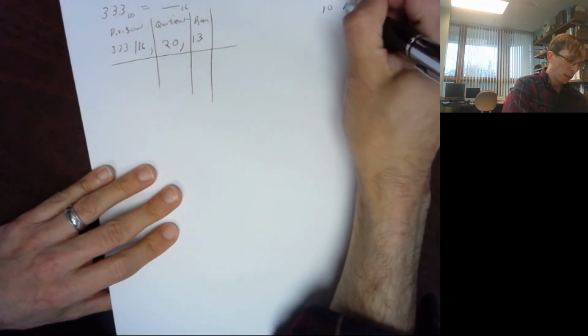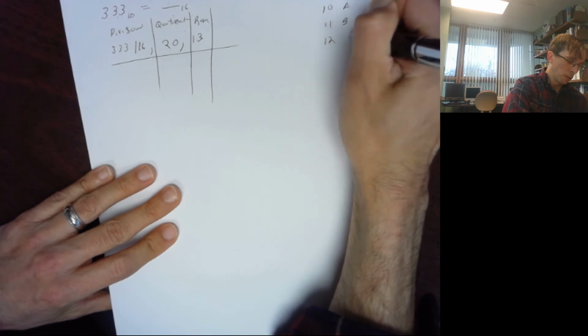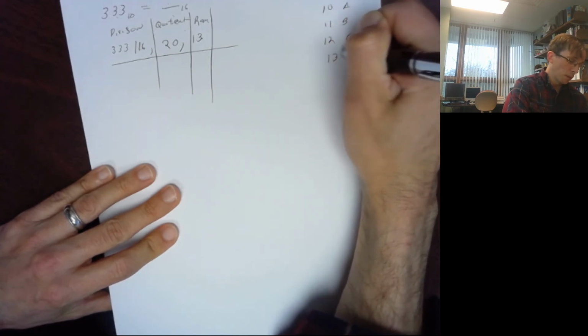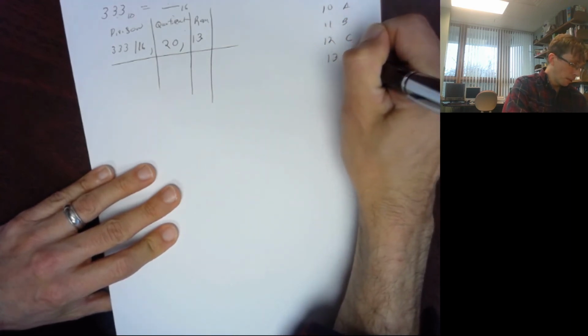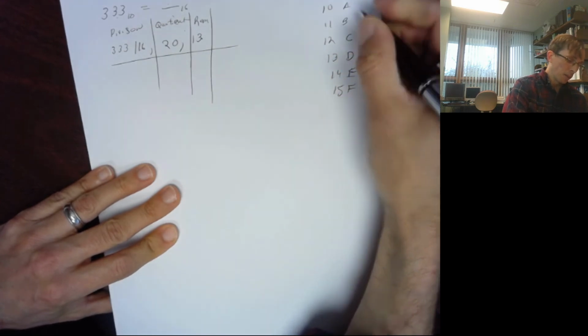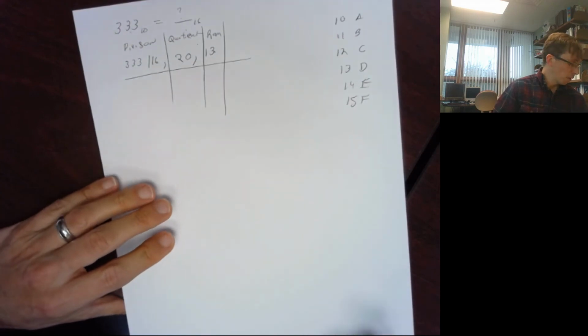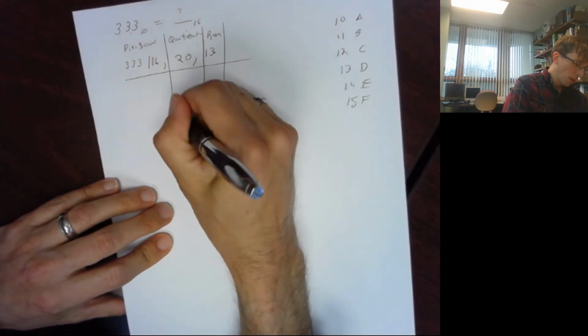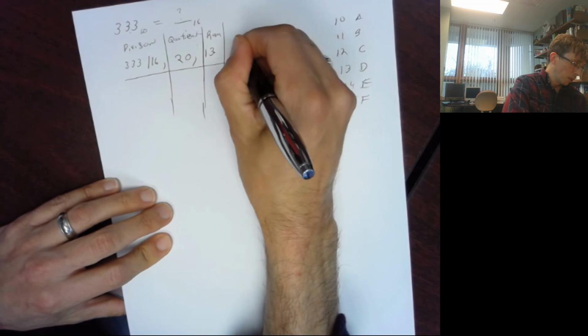Well, we know 10 is A, 11 is B, 12 is C, 13 here is D, 14 is E, and 15 is F, right? So we'll just recreate that little bit of the whole chart. And so we just put a D there.